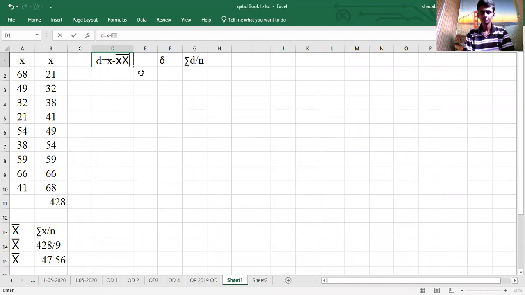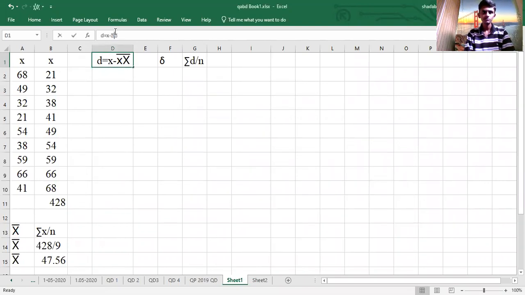Now x minus x bar, x value 21 minus 47.56, we will get 26.56. Just look, I have to calculate by doing 21 minus 47.56, it will come minus 26.56, but while calculating mean deviation I have to ignore this minus figure.